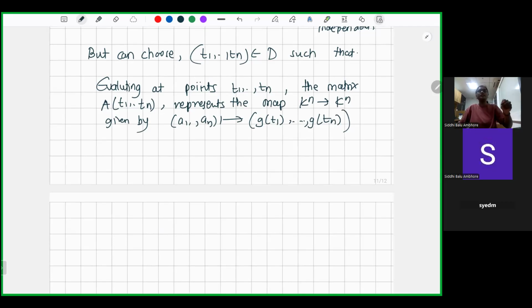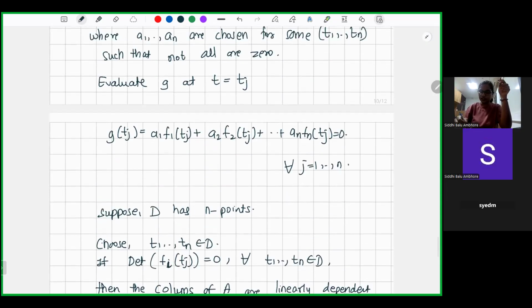So T1 to Tn are from D, and then what we are doing is we are taking this A1 to An and then evaluating. So this matrix will be what? It will be just F1. I mean, we know what this G is, right? It is this A1 F1 TJ, and so on.